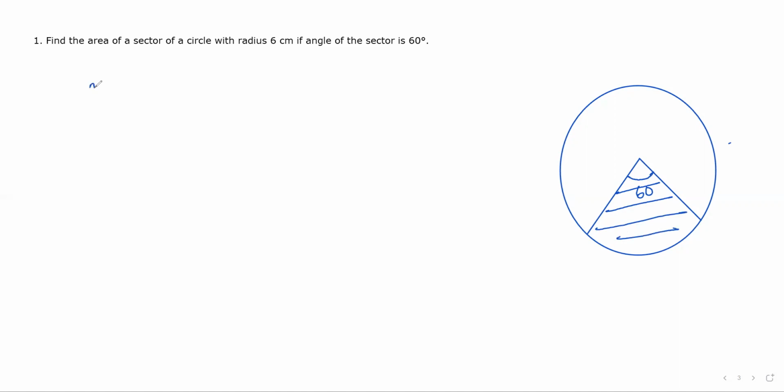So we know, students, the area of sector is equal to, can any student tell me the formula loudly? Please tell me. Pi r square by 360 into, come on, theta. What is the value for theta here? Theta is given 60 degree. Beautiful.